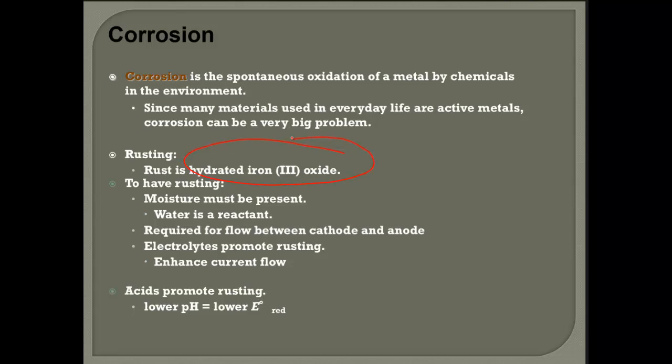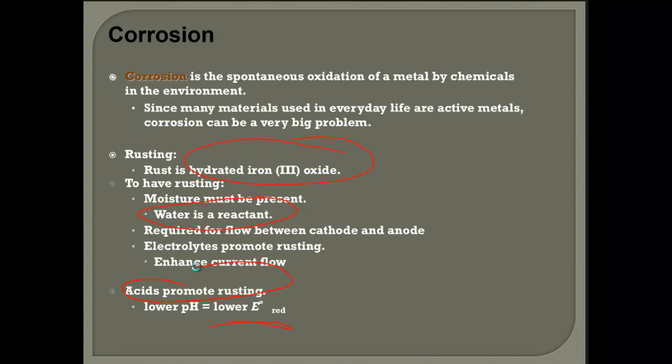To have rusting, you must have moisture in the area, because water is one of the reactants. It is required for flow between the cathode and the anode. Electrolytes promote rusting because they enhance the current flow. Also, the lower the pH, the lower the cell potential, and that promotes the rusting as well.